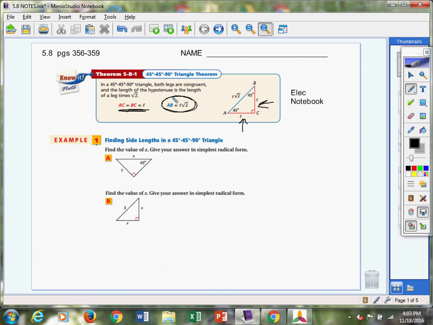Okay? And I want to make sure you understand that. So if you're looking for the hypotenuse, if that's what you're trying to find, they gave you the leg and you need the hypotenuse of this particular triangle, then you're going to multiply the leg by the square root of 2.